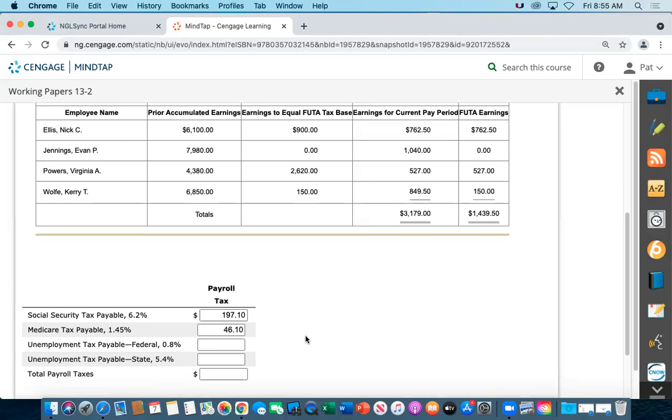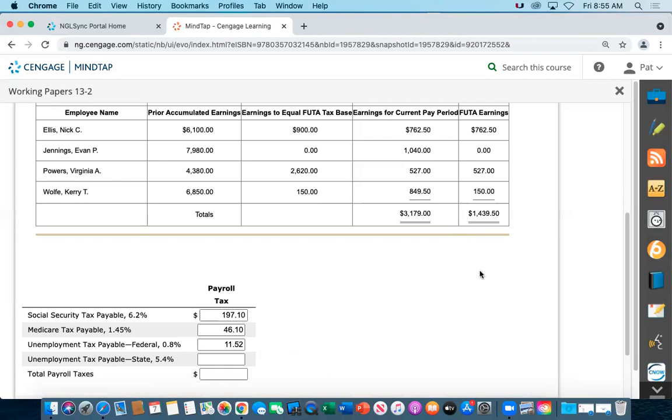Okay. Now, unemployment comes out of this far column, the federal unemployment taxable earnings. 1,439.50 times 0.008. Remember, 8/10 of a percent. And you get a number that says 11.516, which means you have to round to 11.52.